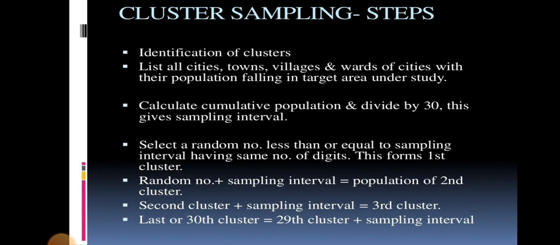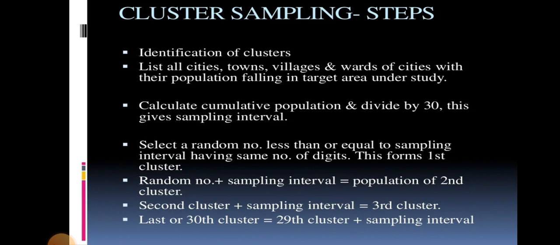Then calculate the cumulative population and divide by 30. This gives the sampling interval. So if the cumulative population came to be 500 or something, we will divide 500 by 30, and whatever the answer comes, that will be the sampling interval. Then select a random number less than or equal to the sampling interval, having the same number of digits.